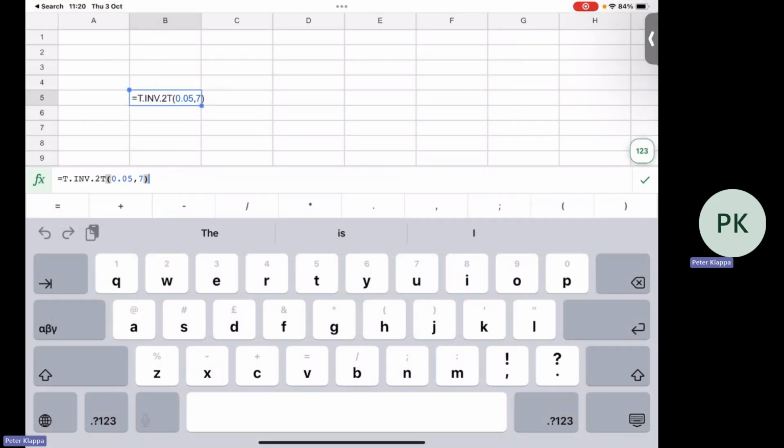Okay, so here is the function that you see, T.INV.2T, 0.05 and 7, and we get a t-value of 2.36 or something like that. That is sort of a factor that we use to make this margin of error a valid equation.